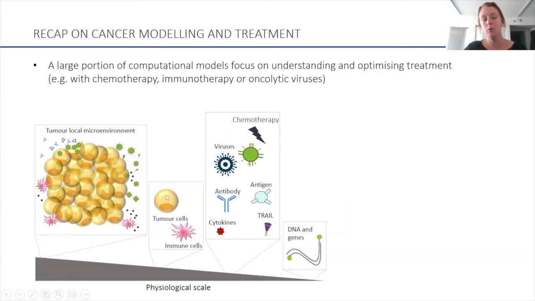And then you can model just the cells themselves if you wanted to consider what happens within a tumor cell or an immune cell or the receptor binding dynamics. Then you've even got the smaller scale when you consider the actual treatment aspects such as chemotherapy and viruses, and you think about antigen and antibodies and cytokines. And some models in mathematics even look at DNA, so how DNA mutations or mutations in genes might infer resistance, just like Morgan spoke about.